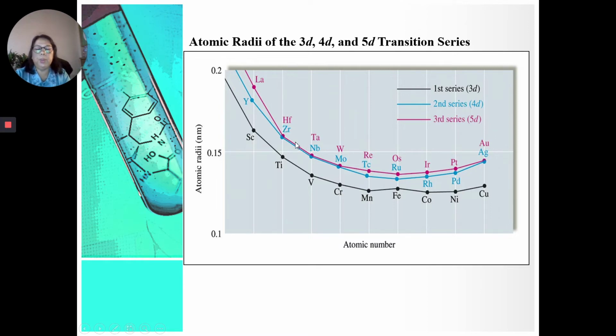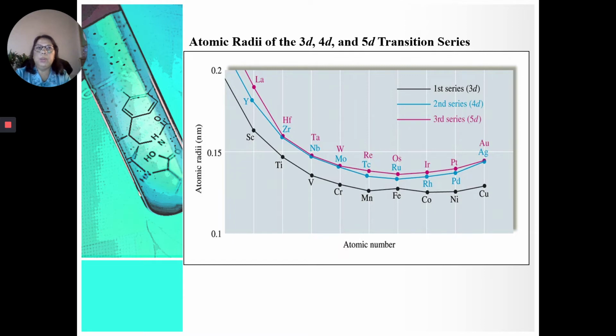Based on your periodic table, the first series has the 3d distribution of elements. And for the second series, you have 4d, so refer to your periodic table. And for lanthanum and the rest, they have the 5d.